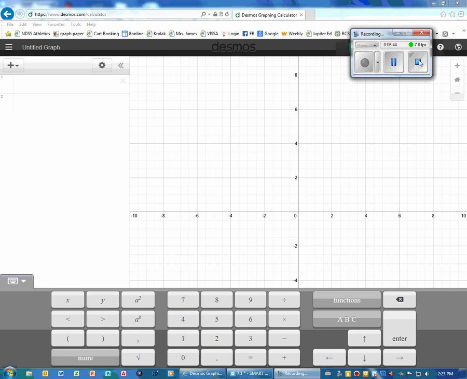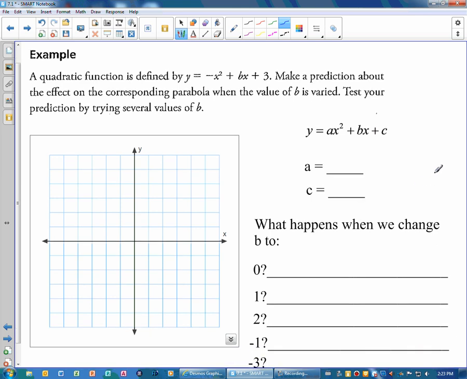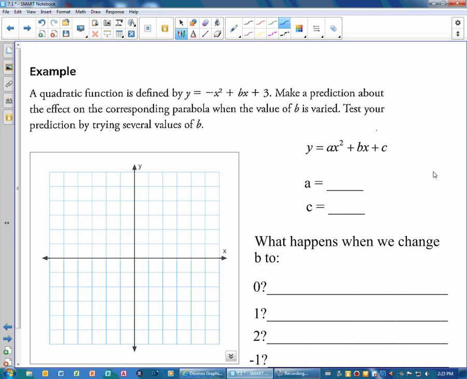All right, so continuing on, we are going to play with the function of negative x squared plus bx plus 3, okay? And make a prediction about the effect on the corresponding parabola when the value of b is varied. So let's take a look first of all, because the general form of an equation is y equals ax squared plus bx plus c.